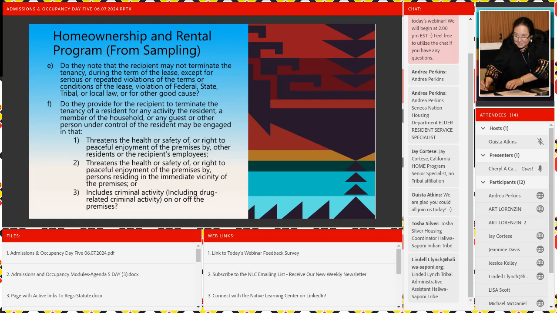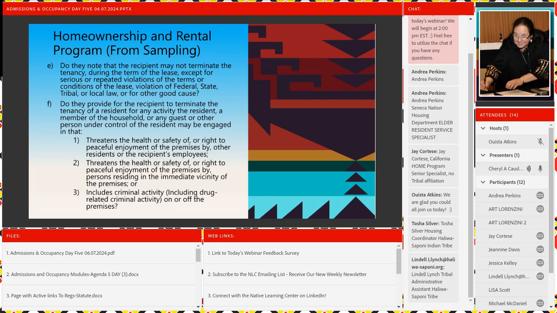Do they provide for you as a recipient to terminate the tenancy of a resident for any activity the resident, a member of the household, or any guest, remember, I told you, make sure they understand the conduct of their guest can get them evicted, or any other person under control of the resident may be engaged in that threatens the health, safety, or right to peaceful enjoyment?